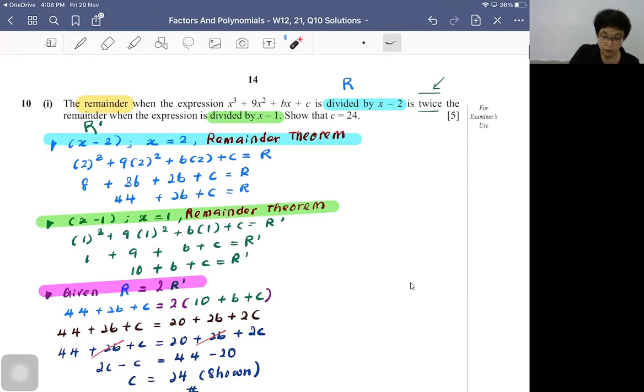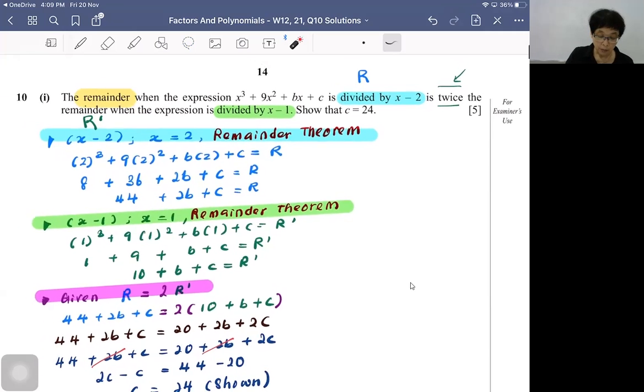For our solution, I have notated it as R prime. With that statement given to us, we know that R, the first remainder, is going to be twice the second remainder.